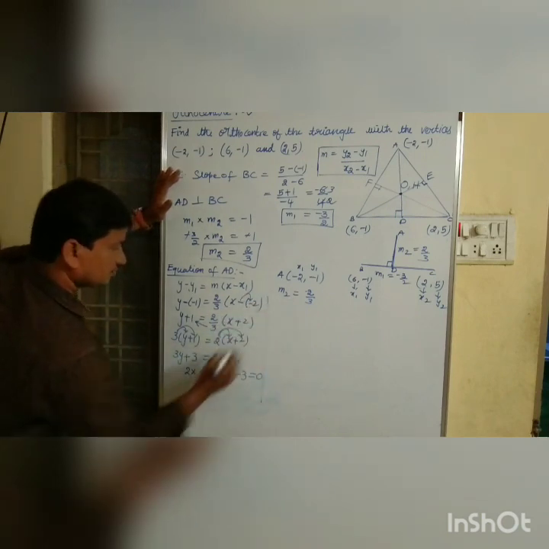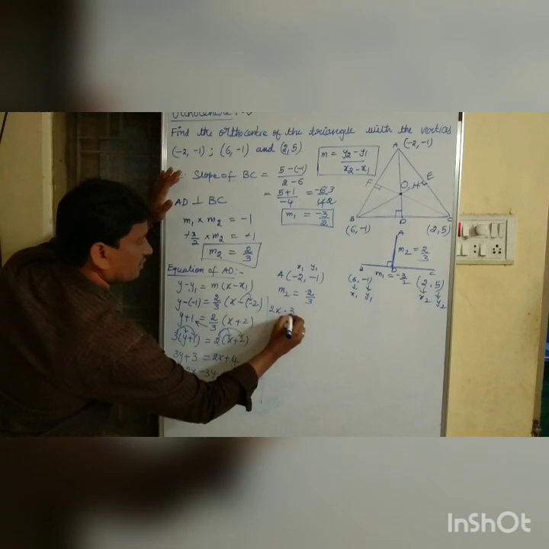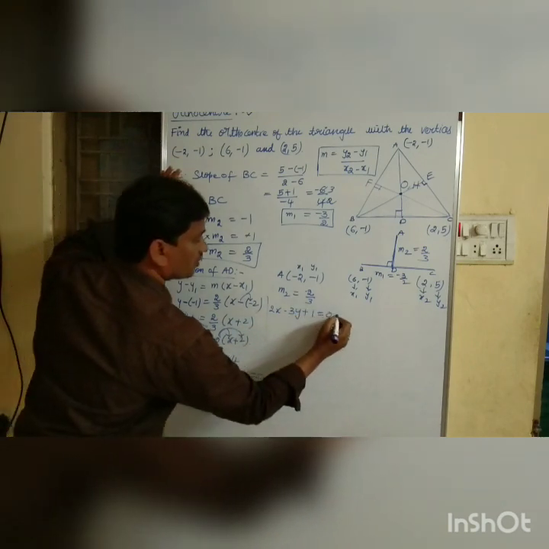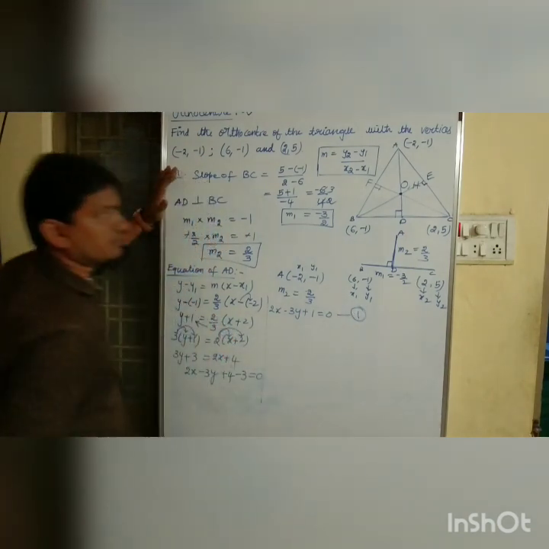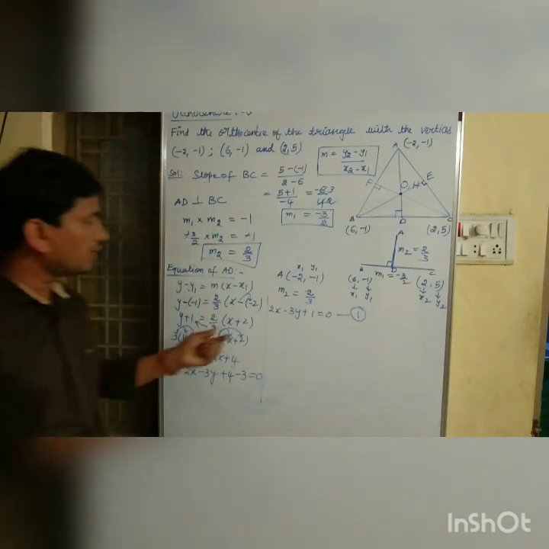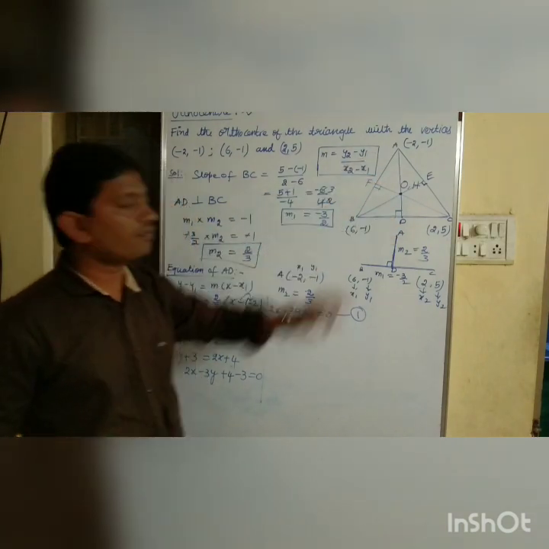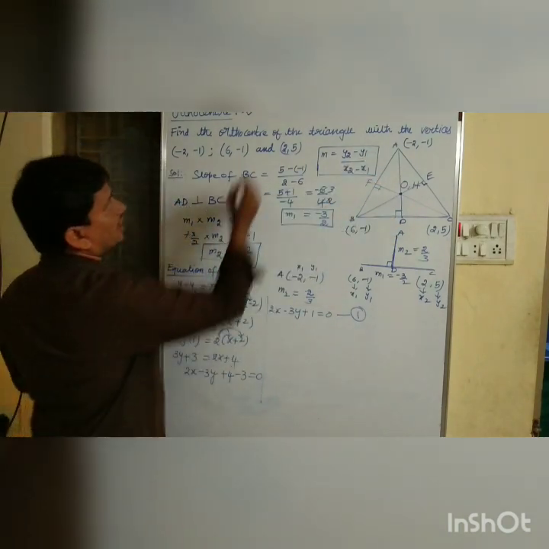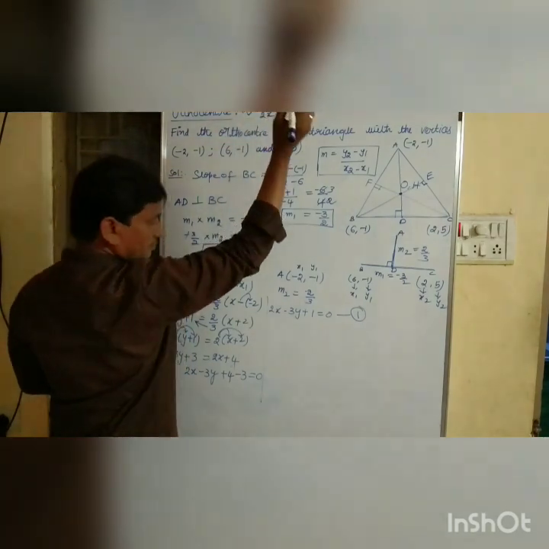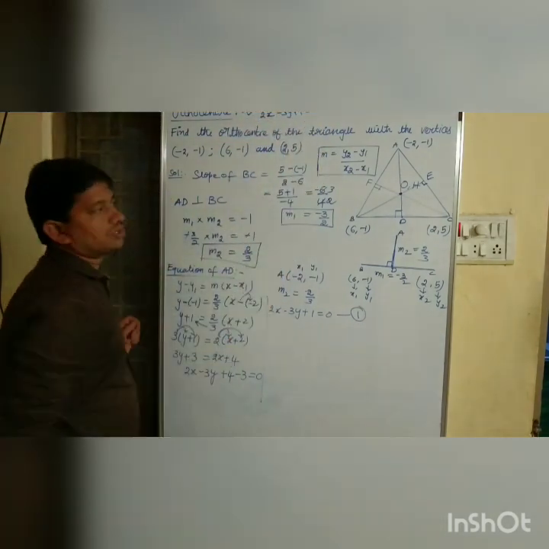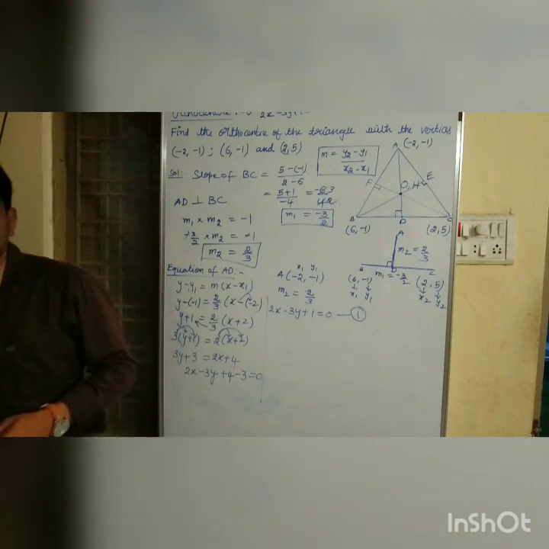That is 2x minus 3y plus 4 minus 3, that is 1, equals 0. That is equation number 1. Children, you understood how we got equation number 1? That is the equation of AD. So let us write here 2x minus 3y plus 1 equals 0. This is the equation of AD.